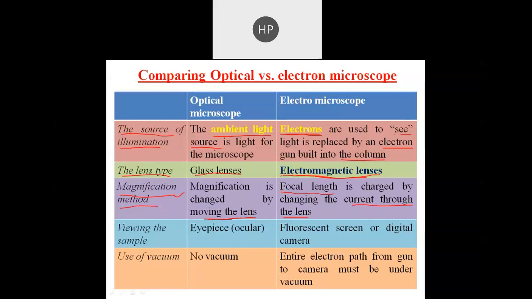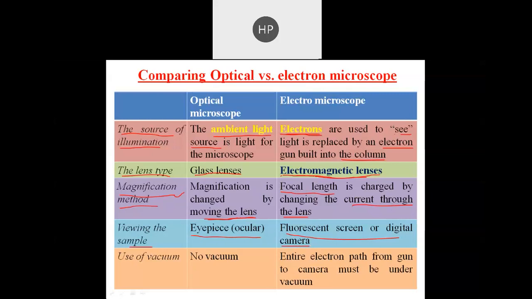Then viewing the sample. Okay, so how we can view the sample? So simply we have an eyepiece, and through that eyepiece we can view the characteristics of the sample. While here we have a fluorescent screen, or generally a digital camera, which is used, and that digital camera is attached to the computer.